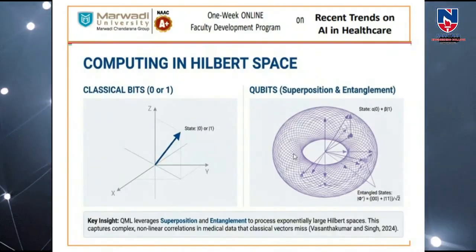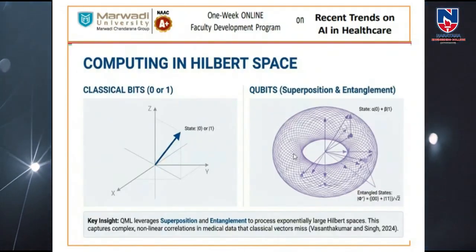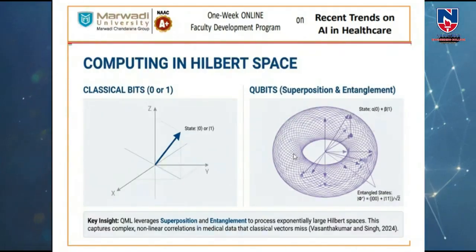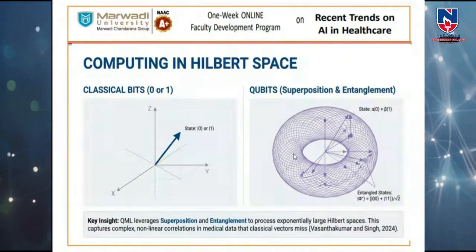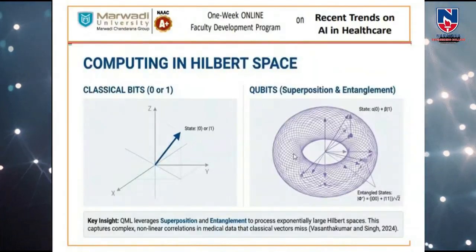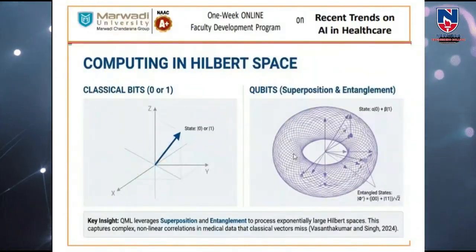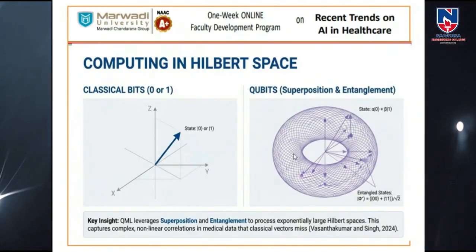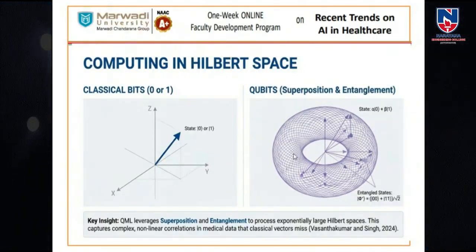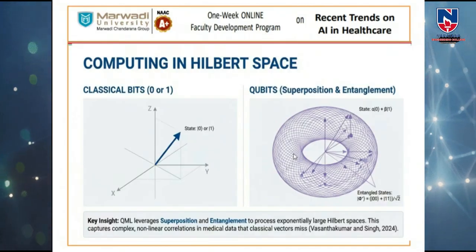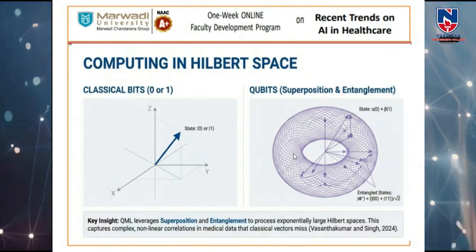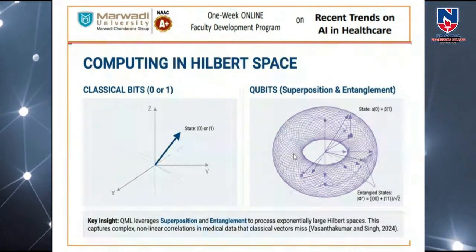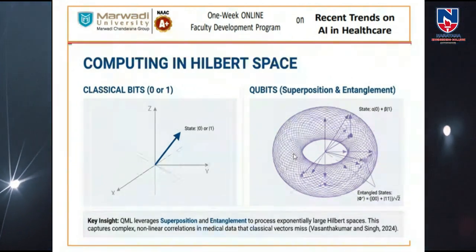Let me confine it to medical imaging, because we are dealing with medical AI. For medical AI, the simplest potential advantage is modeling patterns in radiological and pathological data, especially where the decision boundaries are slightly non-linear. The key is that QML leverages superposition and entanglement, giving an exponentially large Hilbert space.